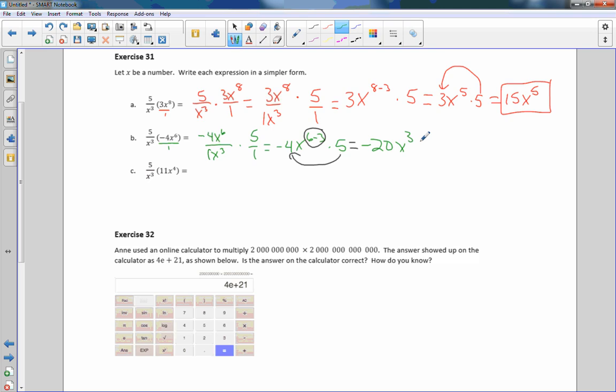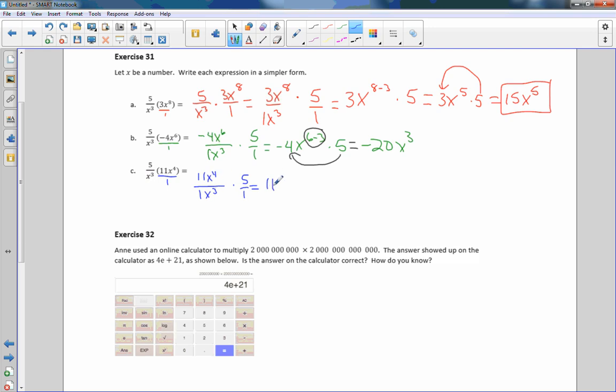Okay. And number 31C. I'm going to do the same here. I'm going to put that over 1. I'm going to rewrite it as 11x to the 4th over x to the 3rd times 5 over 1. I'm going to put a 1 in front of this x. 11 divided by 1 is 11.